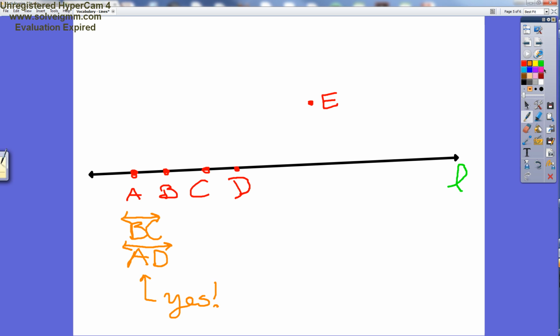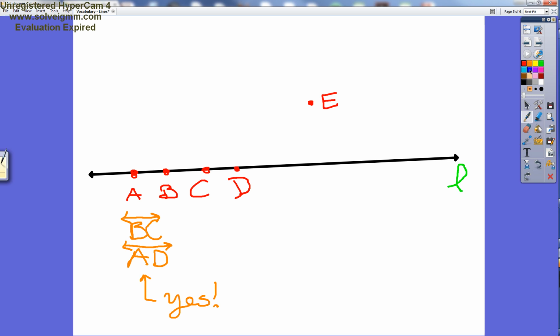But when it comes to names that you can't use, see this E right here? That's not on the line at all. So you can't use that point to name this line. You can't call it, for example, line BE. That doesn't work. Those points are not both on the line. I don't like that color right now because we've got that color elsewhere.